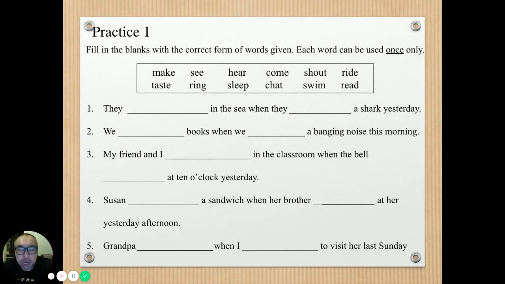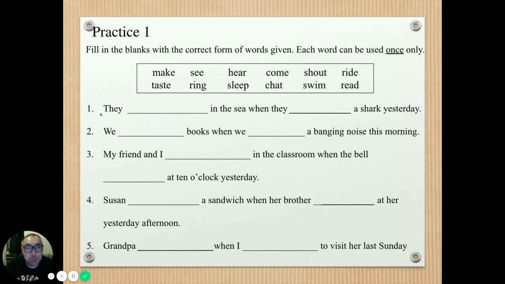See if you can find them, okay? Let's do the first one. They blank in the sea when they blank a shark yesterday. What do you do in the sea? Yes, very good. Swim. Long action or short action? Well done. Long action.